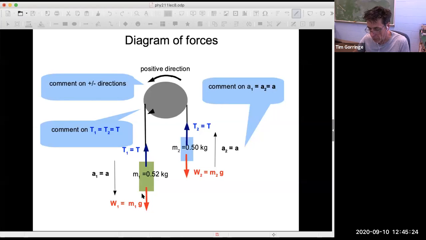So for example, the weight on the left-hand block is in that positive direction. The tension on the right-hand block is in that positive direction. The tension on the left-hand block is in the negative direction, opposite my arrow. The weight on the right-hand block is opposite my arrow, in the negative direction. So that's our convention about directions on a pulley. It's a little bit more complicated than if you just have motion in a straight line.